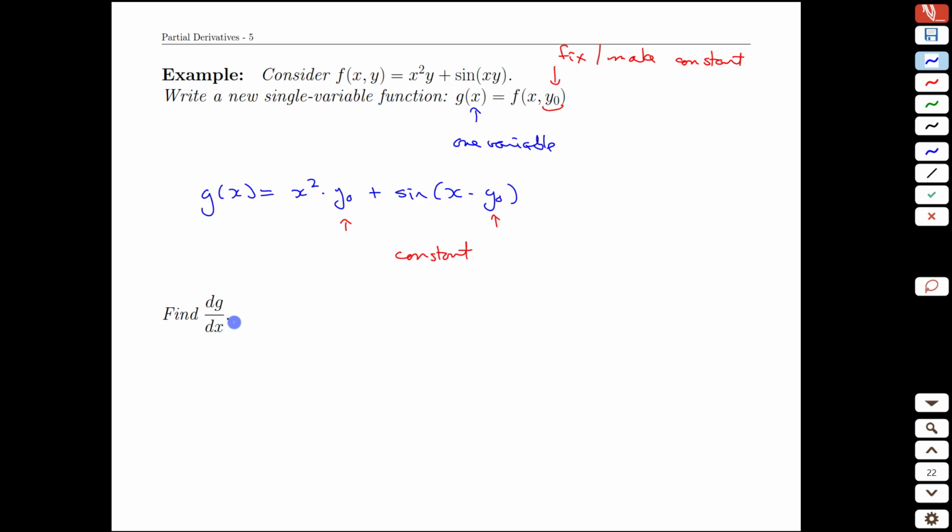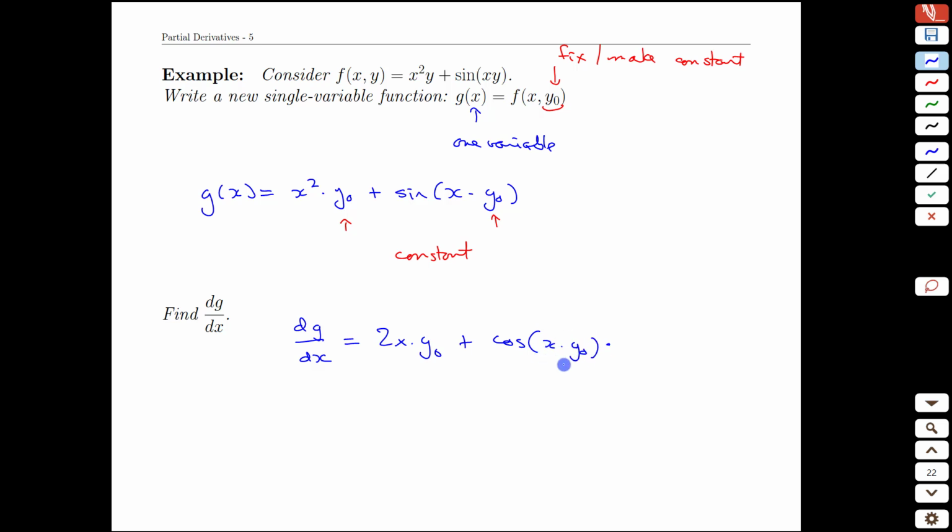Well, once we've done that, taking the derivative of g with respect to x, using the regular d's for this scenario because x is the only variable left, we just go down the line and say, well, we have x squared times a constant. The derivative of that is 2x times y naught. And the derivative of sine of something with an x in it would be cos. And we keep the inside the same.